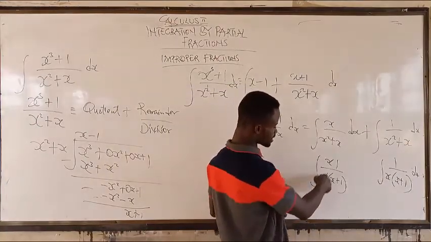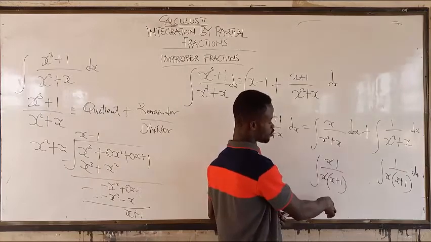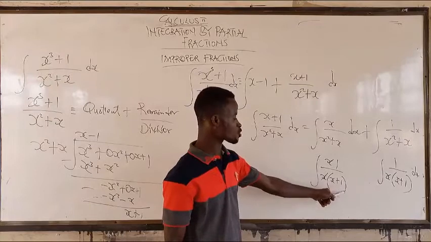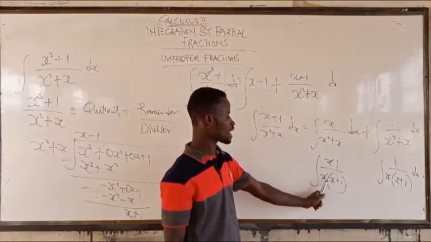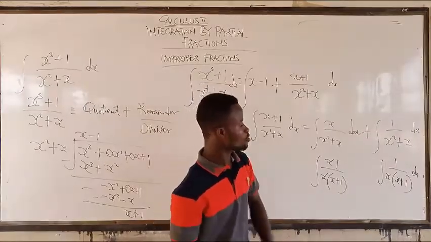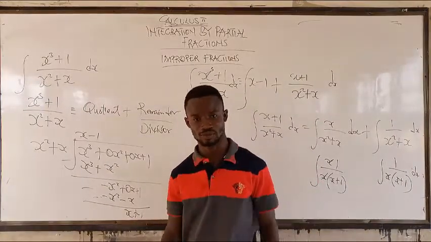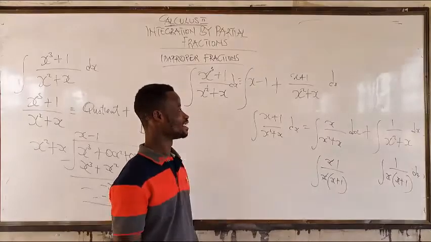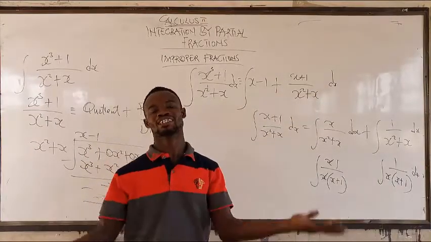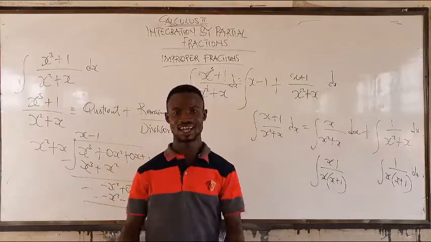Like this, we can see that this is just ln of s plus 1, because when you factor s out, this is 1 over s plus 1. But with this, you will still do partial fraction. So why don't we take the whole of this and do partial fraction?